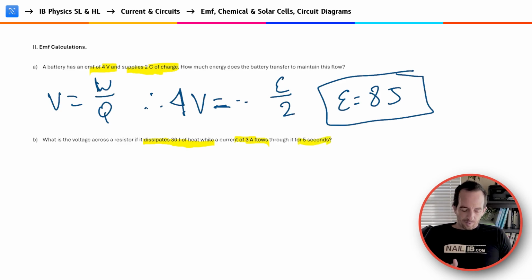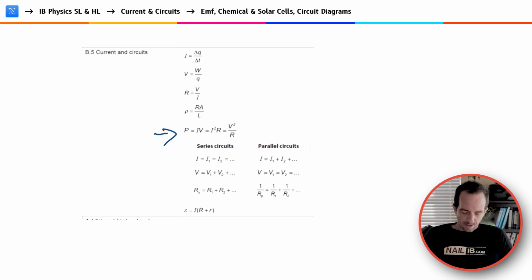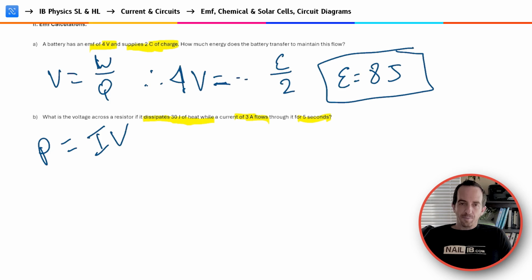We're going to look to the formula guide, the data booklet, and we're going to see that power is equal to current times voltage. Power is equal to current times voltage. How will that help us to answer this question? What is the voltage across a resistor if it dissipates 30 joules of heat?